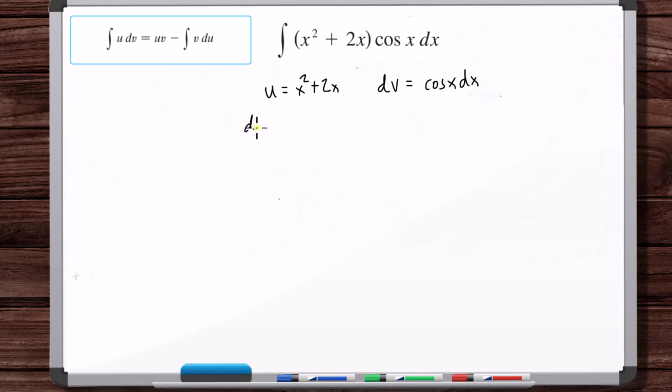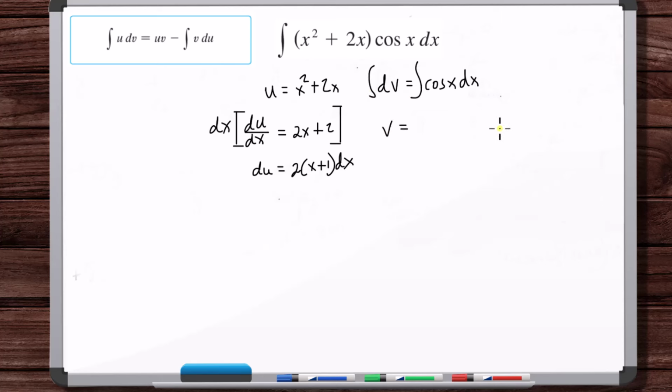So du dx is equal to 2x plus 2, so du is equal to 2 times x plus 1 dx. Here, integrate both sides. v is equal to sine of x.